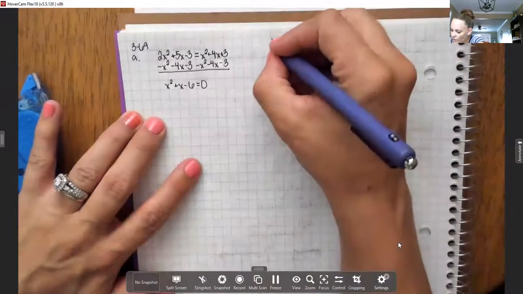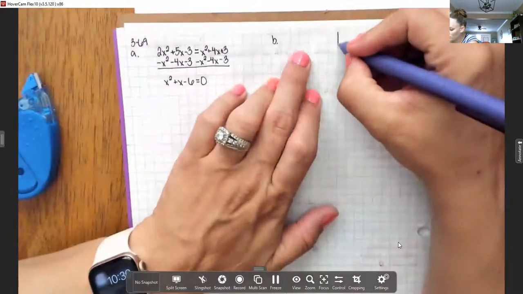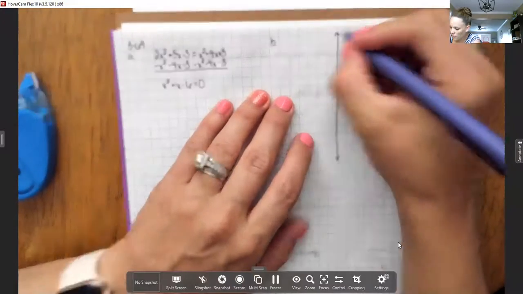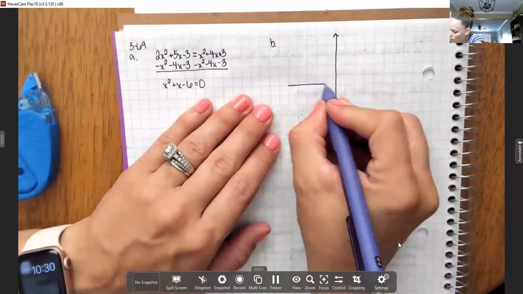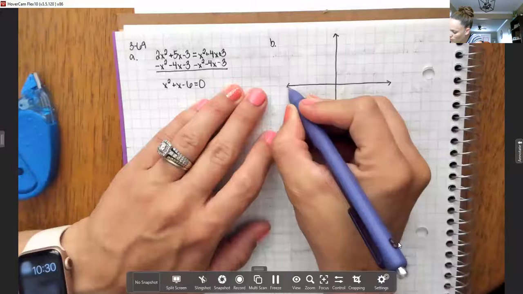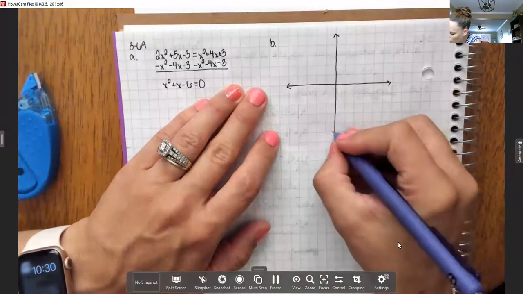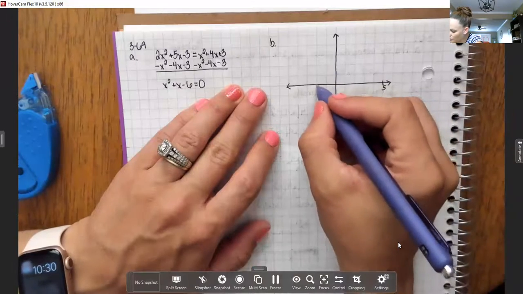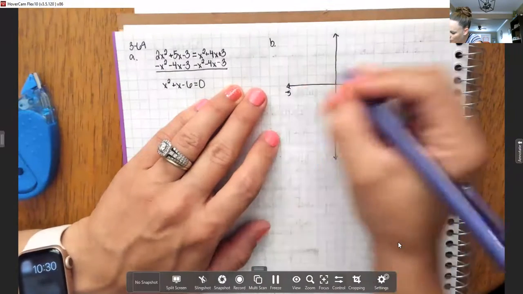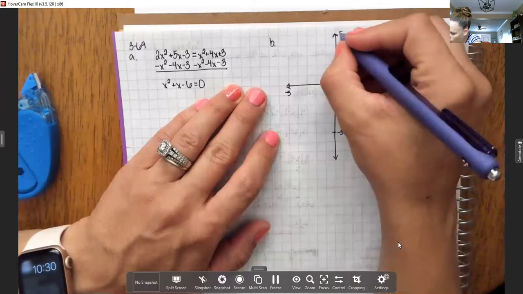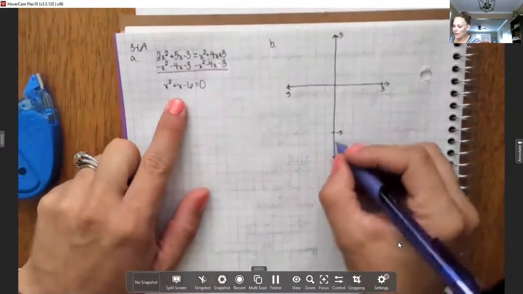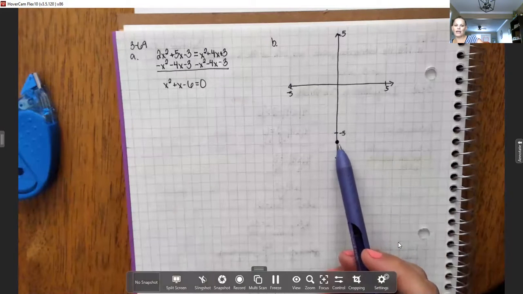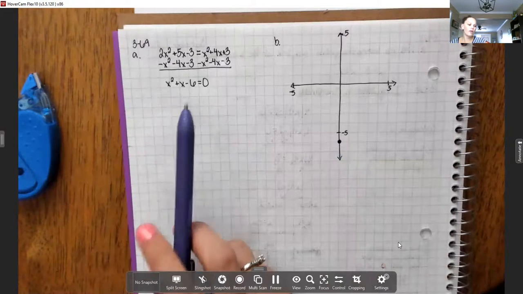So right now, if we go to sketch it, I'm just setting up my axes. The only point we know right away is that it has a y-intercept of -6. That's not the vertex. We can't just kind of use that. That's the only thing we know from here.